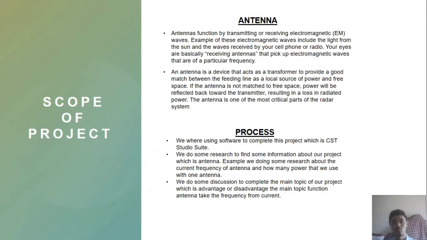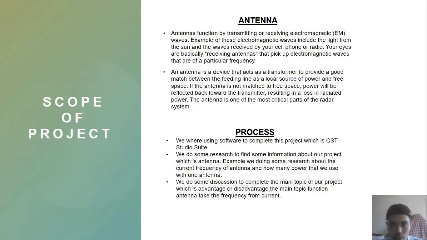Next is scope of project. For scope of project, we are using the main topic, which is antenna. Antennas function by transmitting or receiving electromagnetic waves. Examples of these electromagnetic waves include the light from the sun and the waves received by your cell phone or radio.